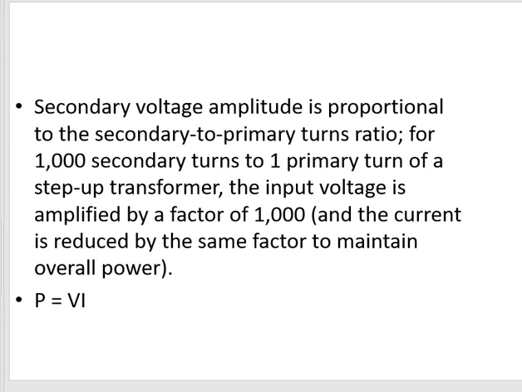So let's take into consideration a step-up transformer. Say that a transformer has two coils, where the primary coil has 200 turns, or in this example the primary has 1 turn, and the secondary coil has 1000 turns.